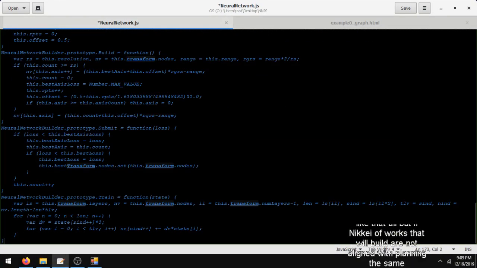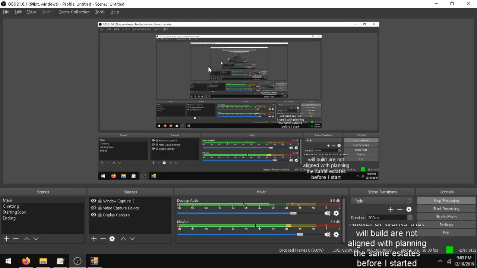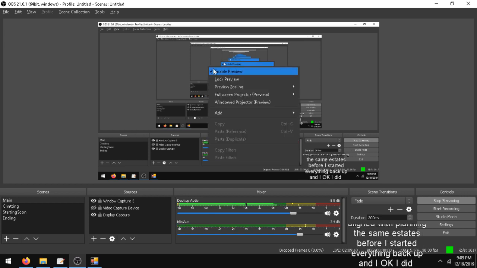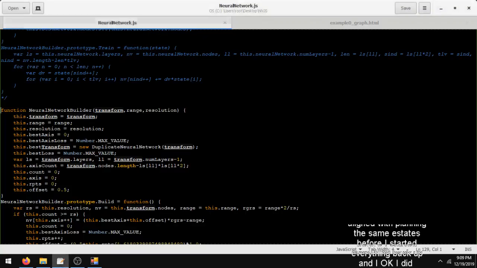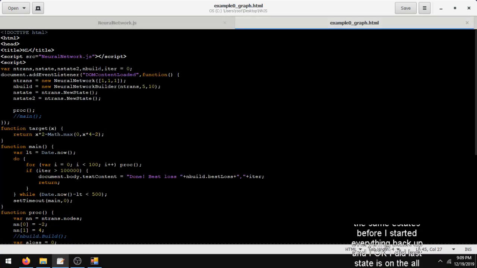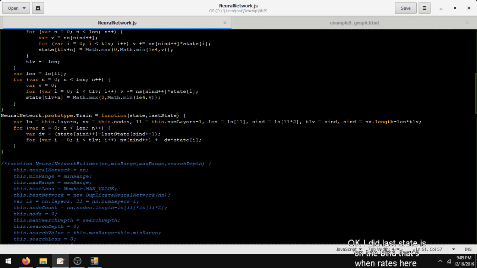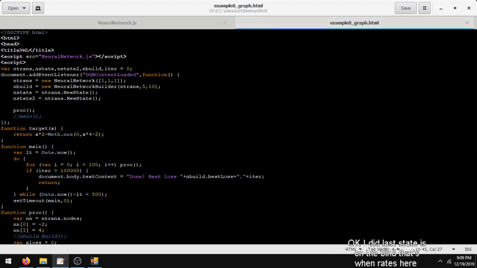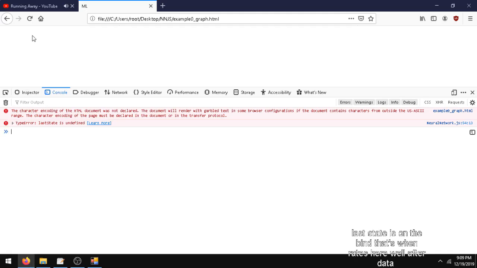Oops, I made the same mistake as before. I started everything back up, didn't I? Okay, I did. Last state is undefined. That's right here. Oh, I forgot to add it. Something's wrong, it didn't execute.